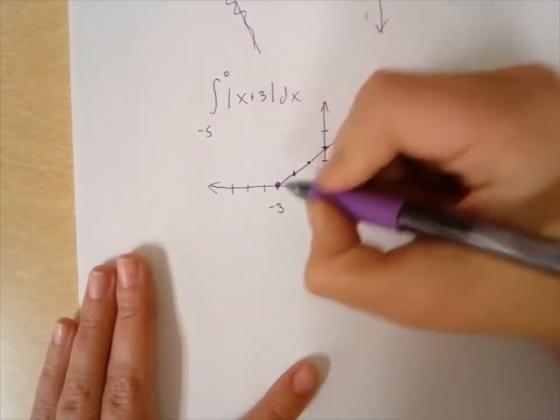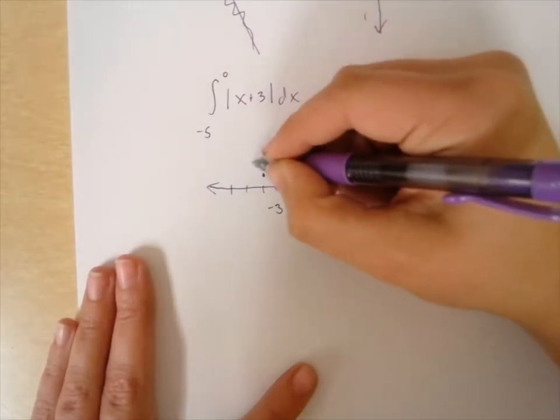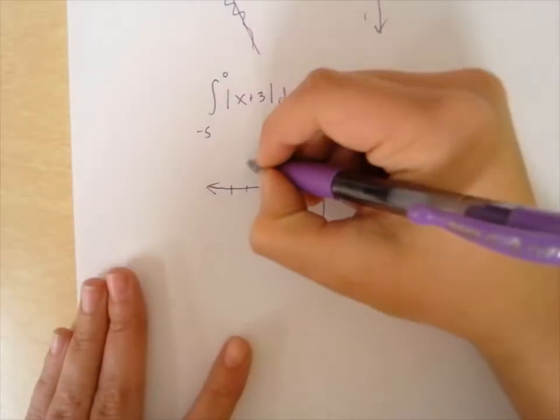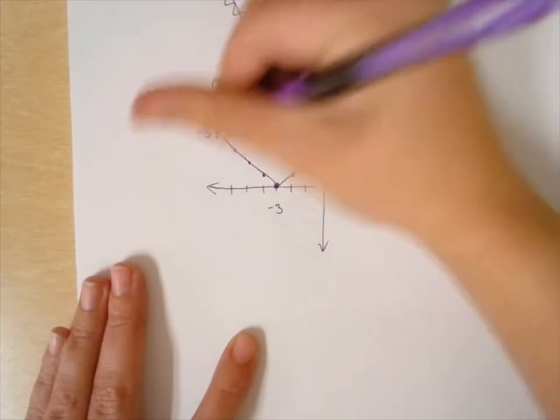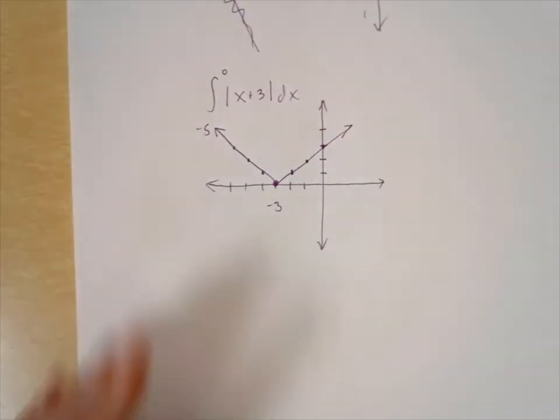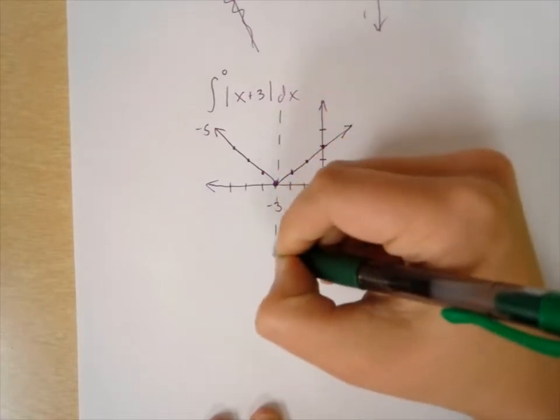And over here, I'm going to go backwards, up 1 over 1, up 1 over 1, up 1 over 1. And then I have my absolute value function. Remember, just as before, this is kind of split into two pieces.